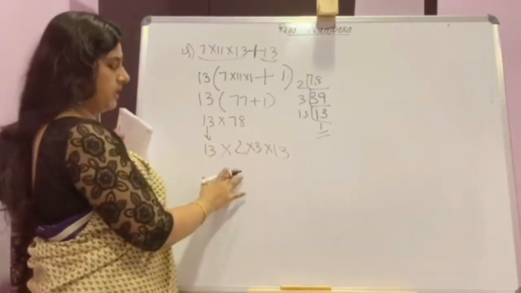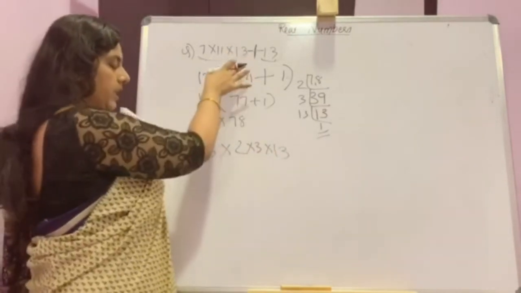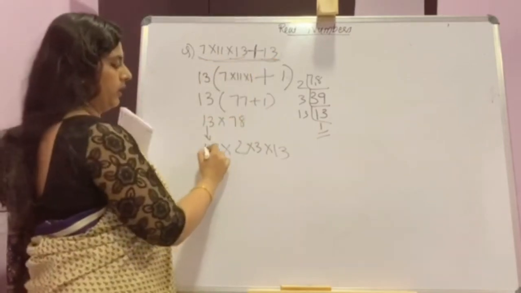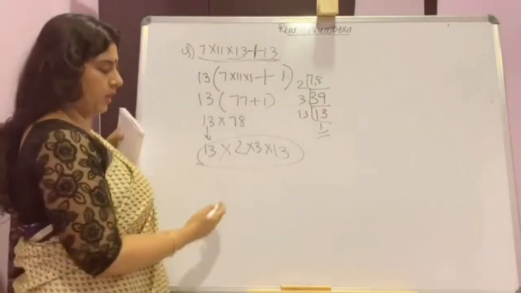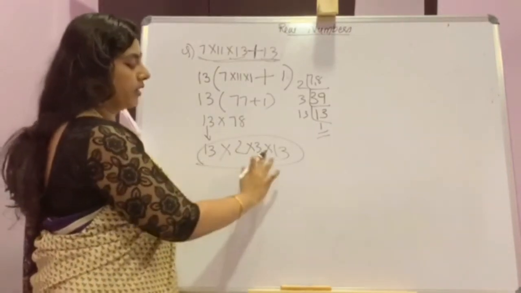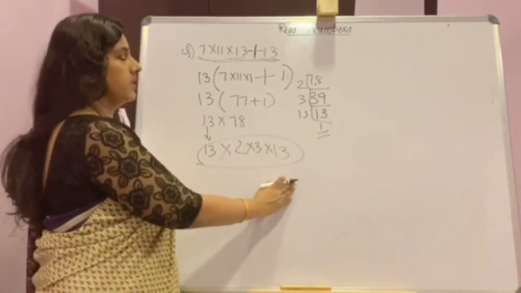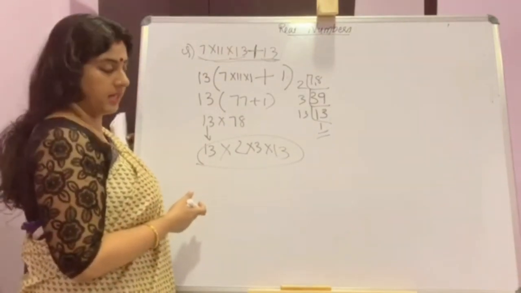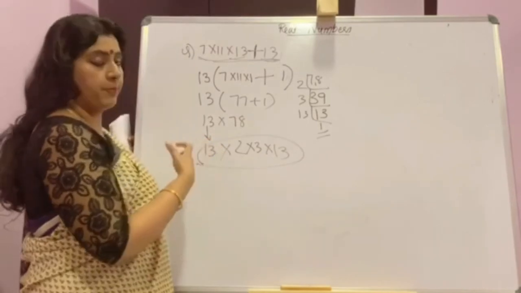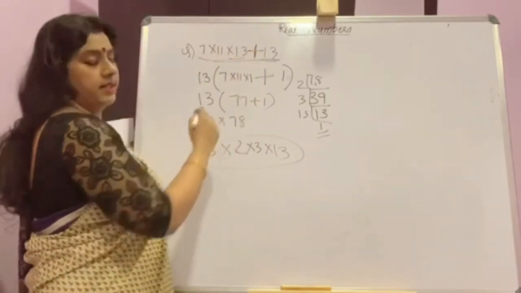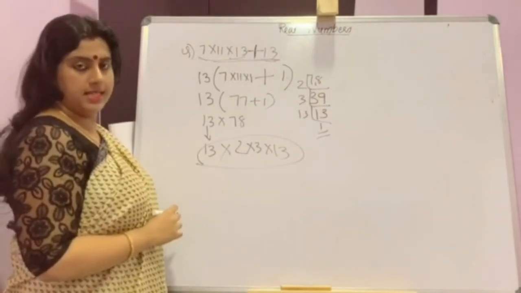Still, when we do the process, we got this as a product of primes. Now there is no addition, so you can find here a product of primes. So according to the fundamental theorem of arithmetic, as this is written as a product of primes, 7 into 11 into 13 plus 13 is a composite number.